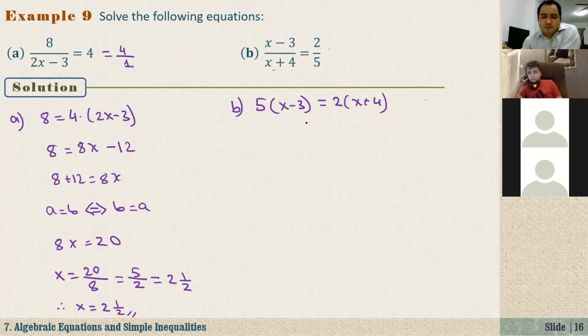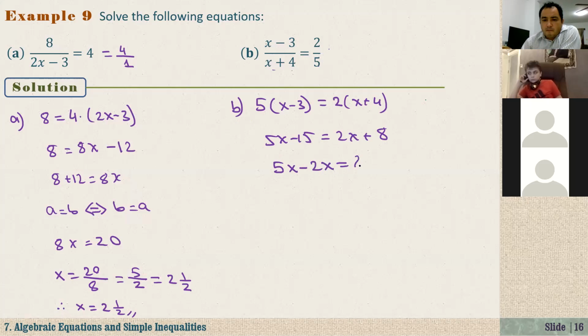Okay, now quickly, can you expand them? 5x minus 15 will be 2x plus 8. Okay. Now 5x minus 2x, and minus 15 plus 8... all right.